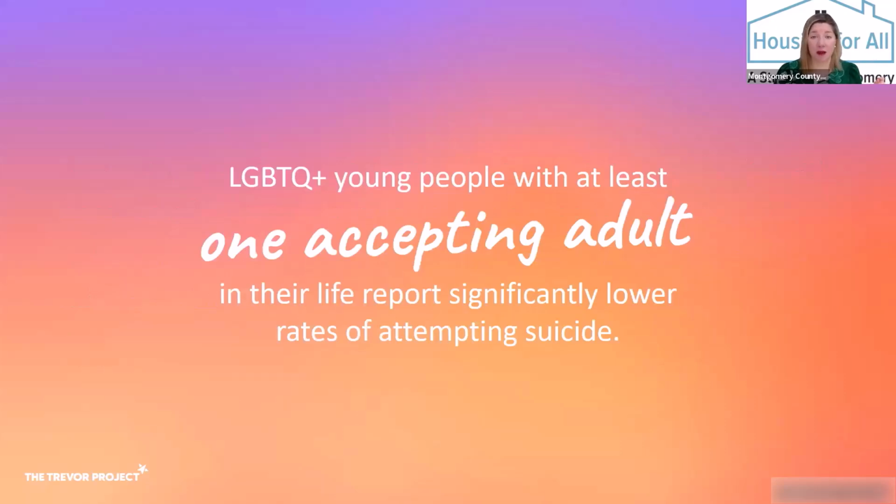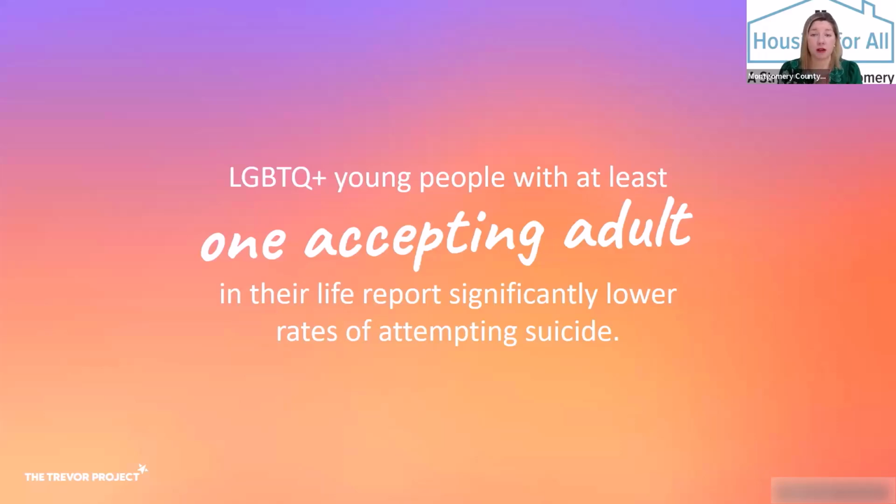And the positive takeaway that the Trevor Project has discovered is that LGBTQIA plus young people with at least one accepting adult in their life report significantly lower rates of attempting suicide. This can be you. The fact that you're there being non-judgmental, accepting of all of their identities could save that person's life. Who would not want to do that?